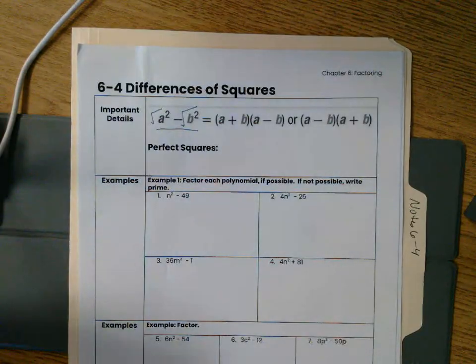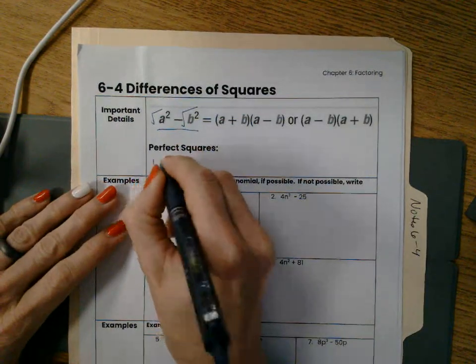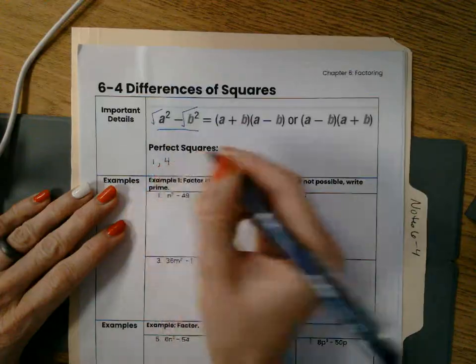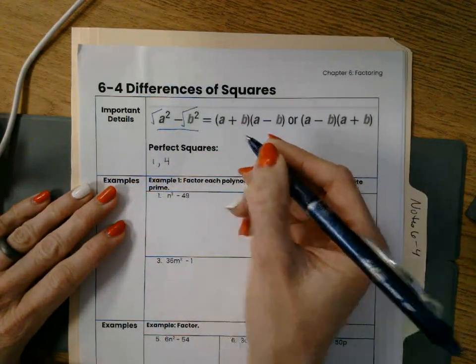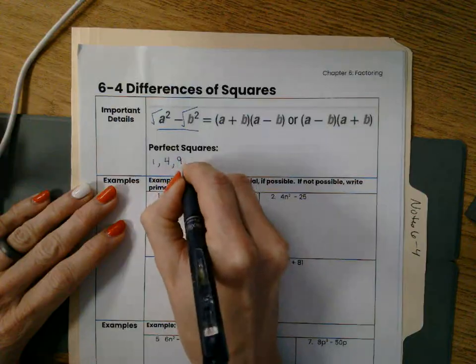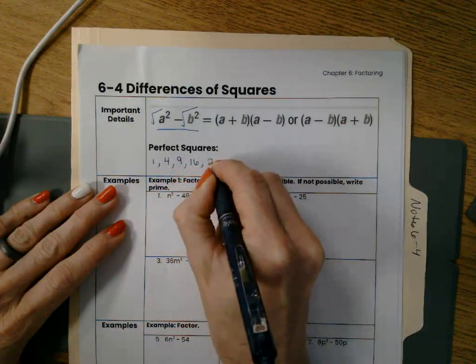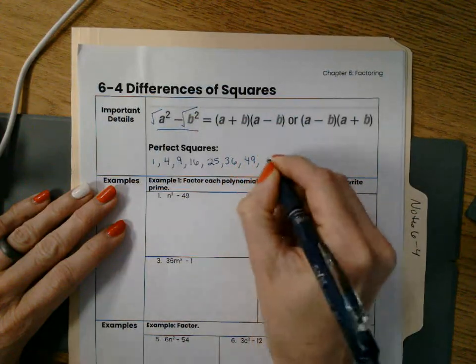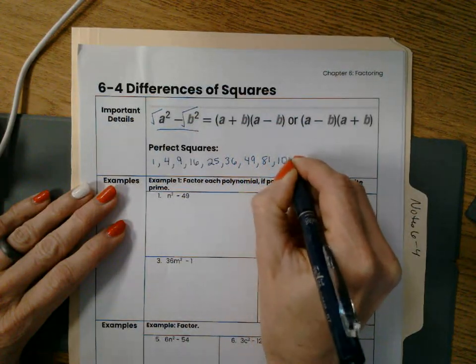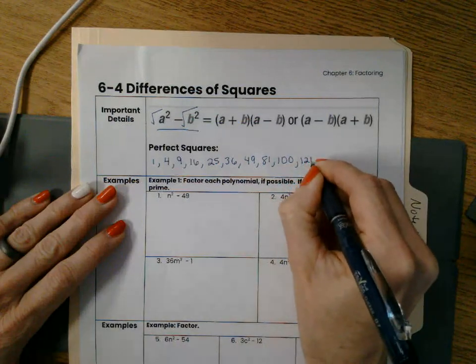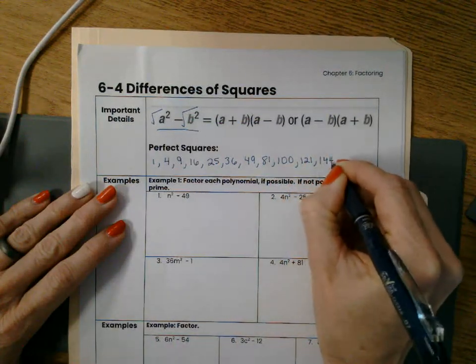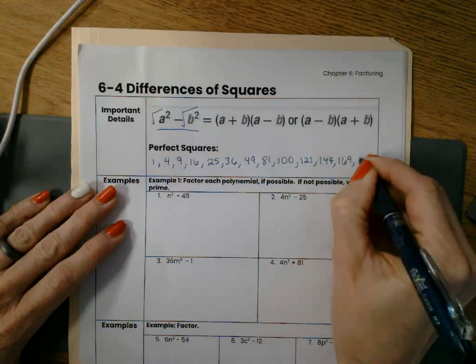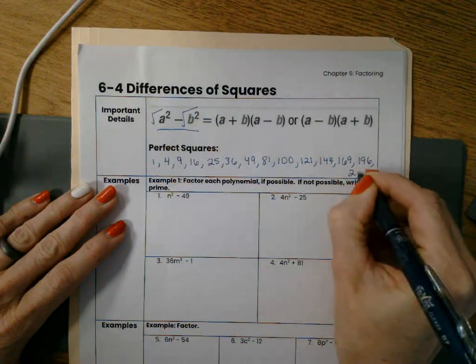So first, let's make a list of perfect squares. A perfect square is anything that when you take the square root, gives you a whole number. So 1 would be a perfect square. 4 would be a perfect square because the square root would be 2. 9, 16, 25, 36, 49, 81, 100, 121, 144, 169, 196, and 225.